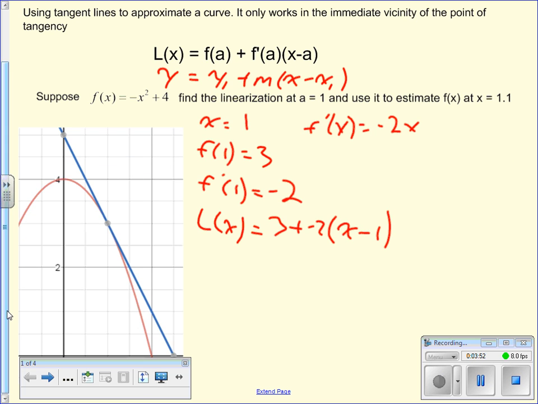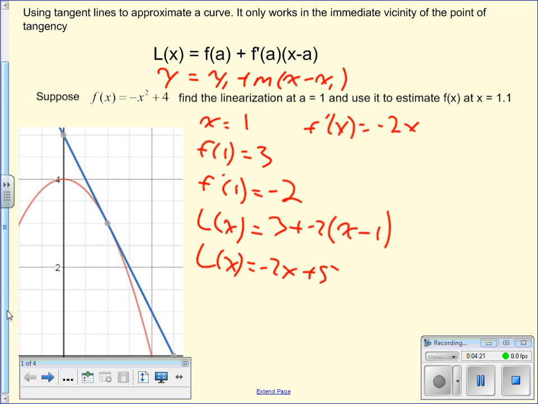So I get L of x equals negative 2x plus 5. Is that right? Does that work out? Yeah. So that's the equation of this line here. That's the linearization.